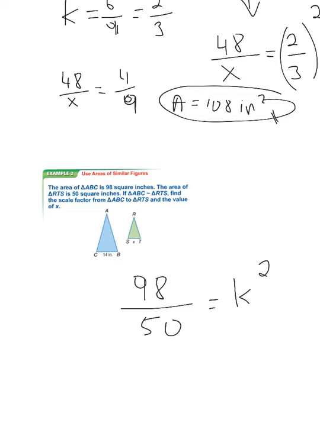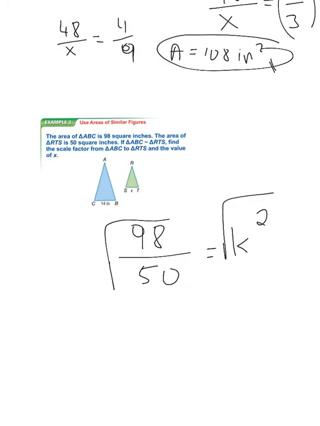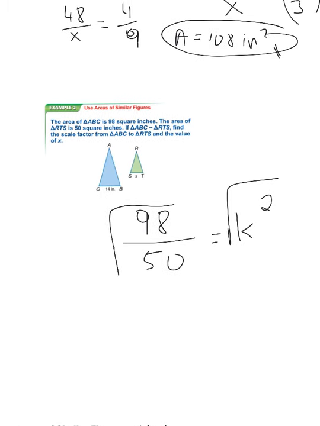So a little algebra. To get k by itself, you could do this in a different way. I will do square root, and then square root of 98 is technically 49 times 2, which is 7 radical 2.